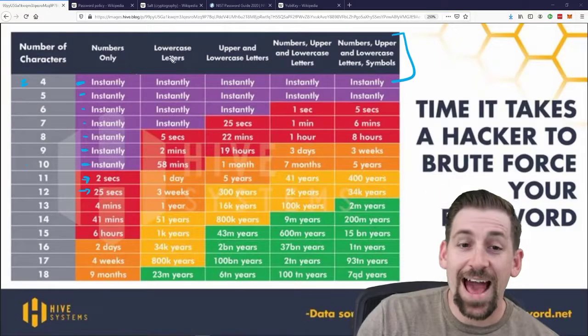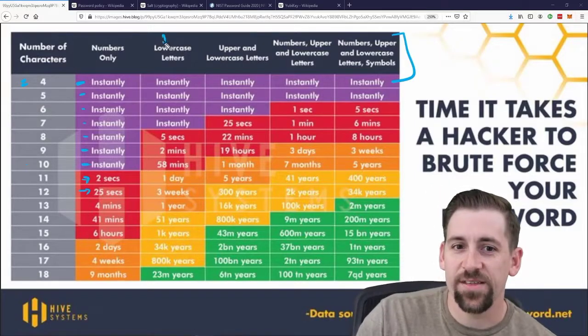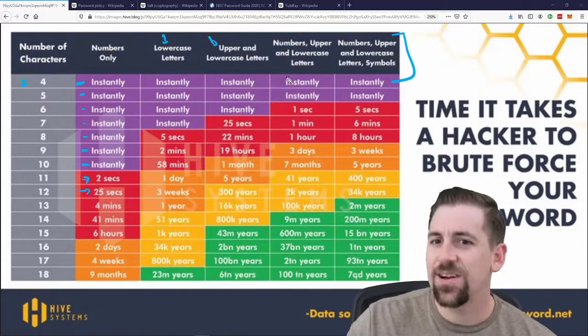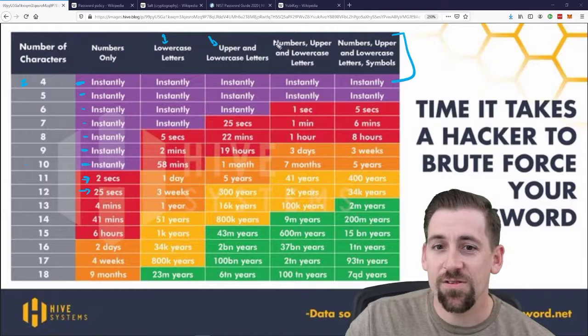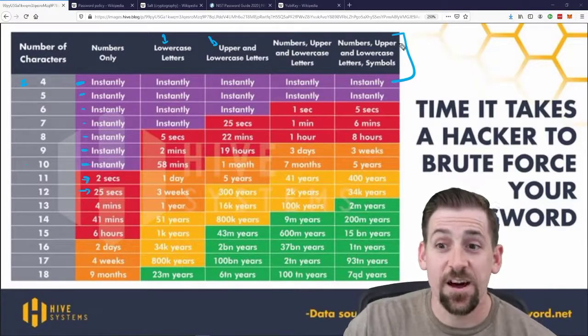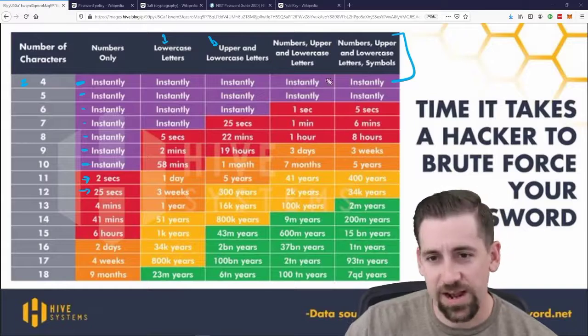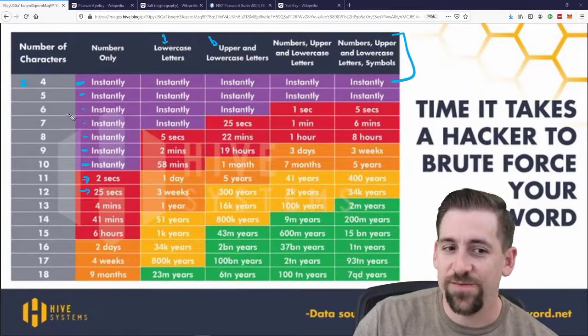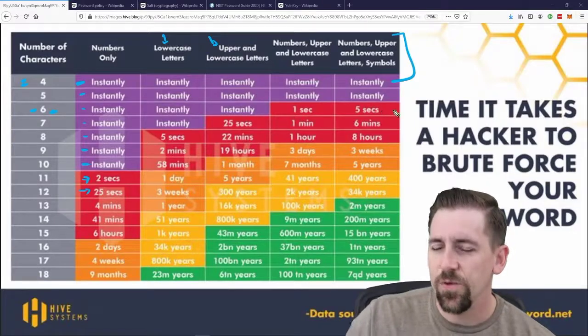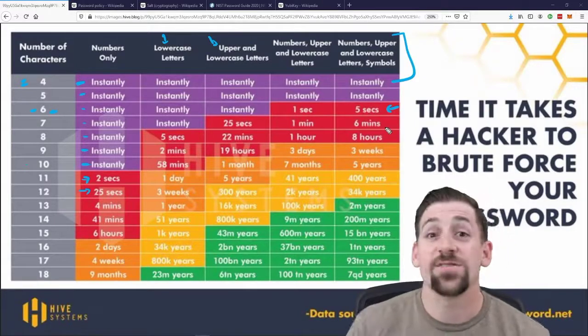If I start adding in complexity with lowercase letters and numbers, lowercase and uppercase letters, numbers, upper and lowercase letters in combination, and then finally, probably the most complex of them all, numbers, upper and lowercase and symbols, you can see that with only a few characters, 6 or so, we can get up to taking 5 seconds or so to crack that password.